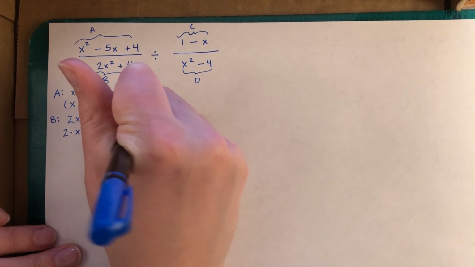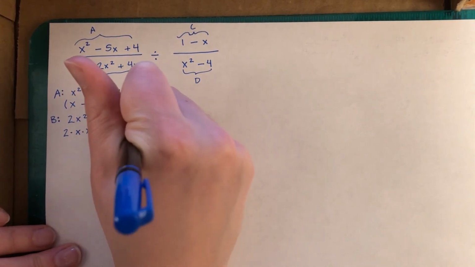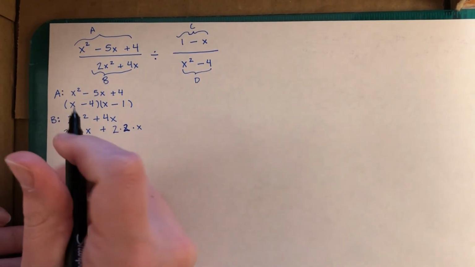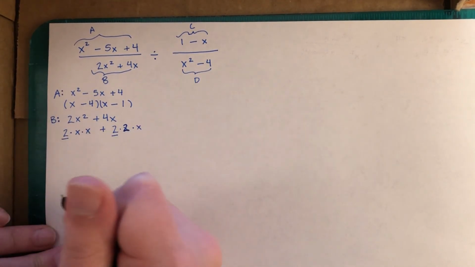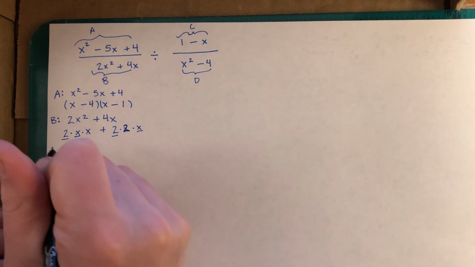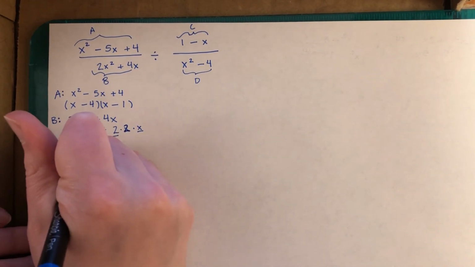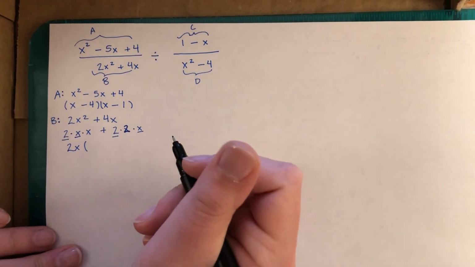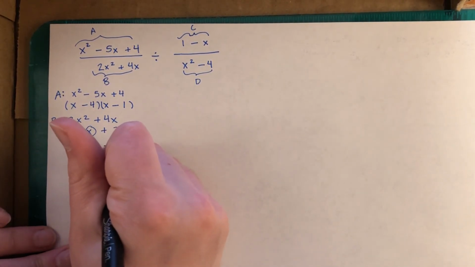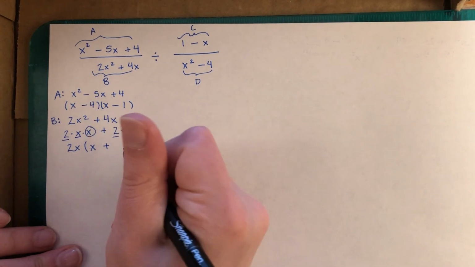Oops, that should be a 2 times x. Now, this 2 and this 2 are a match. And this x and this x are a match. So in front, I'm going to write 2x. And then inside, I've got an x that didn't match plus 2.